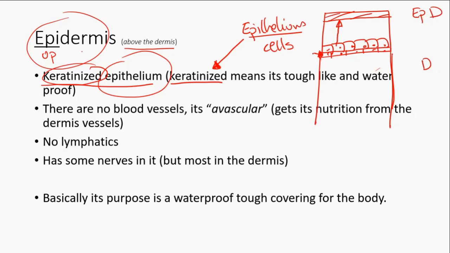So the basal cells are going to continuously reproduce and replicate and create lots and lots of different epithelial cells, and all of these cells are going to go up, and as they rise, they're going to become drier and more dead. And as they reach the top, they're not necessarily dead, but they're keratinized.